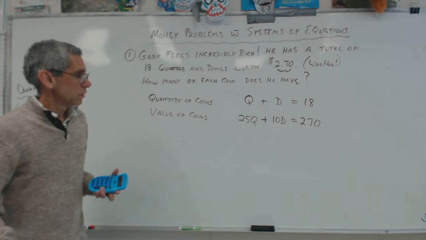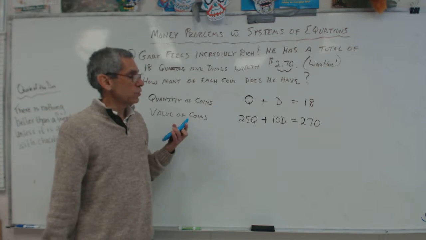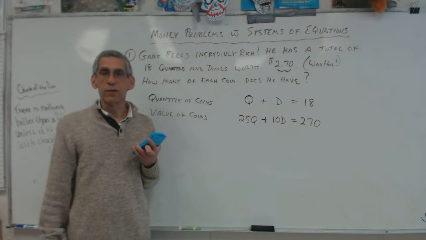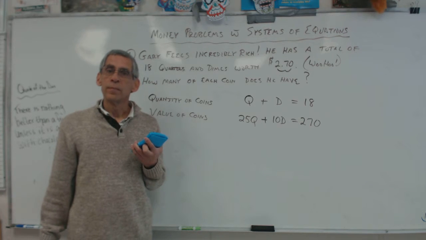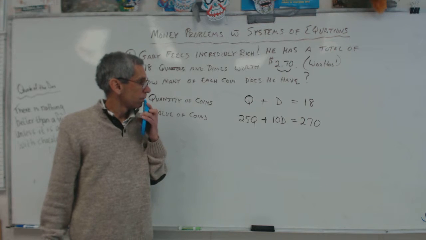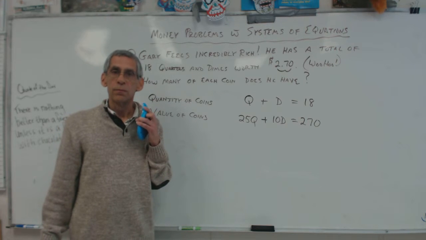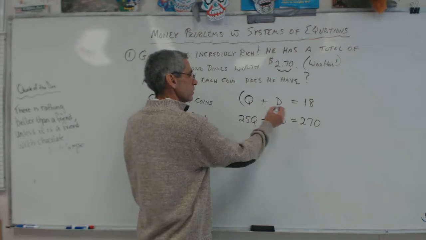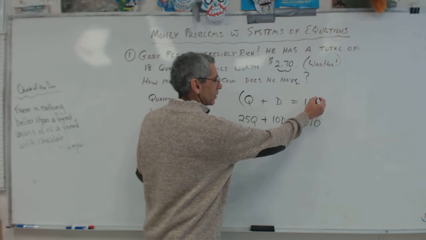All right. So, Zane, what would you do right now? What would you multiply everything by? I would multiply the top by negative 10, because 10 is easy. 18 times 10 is 180.